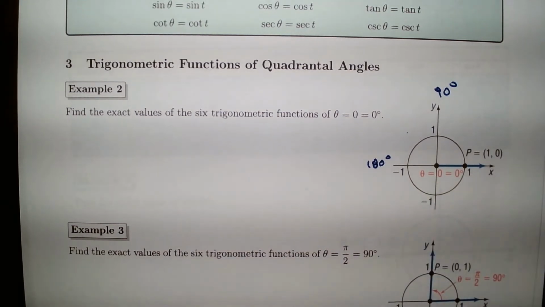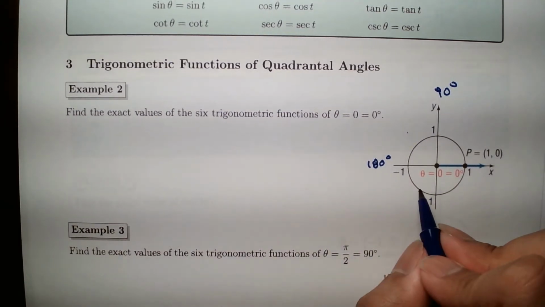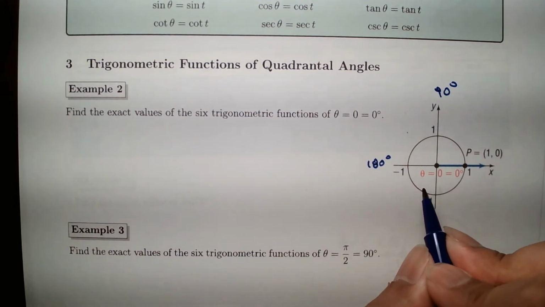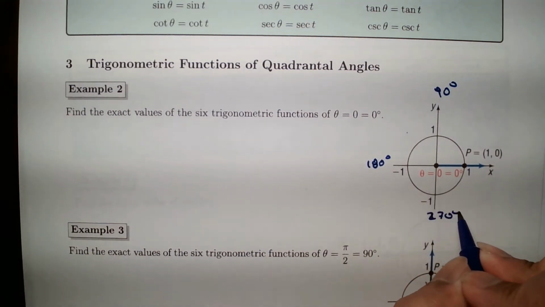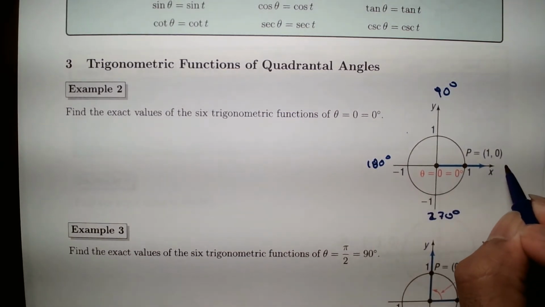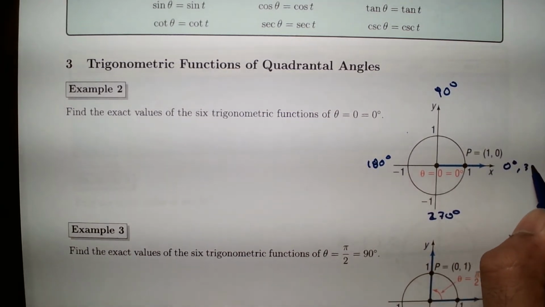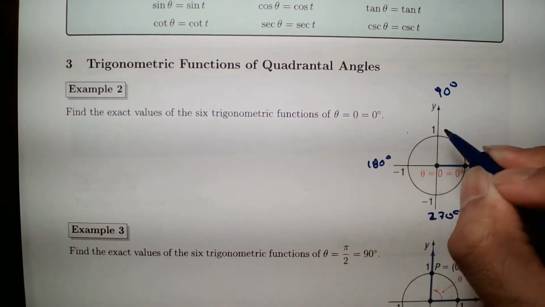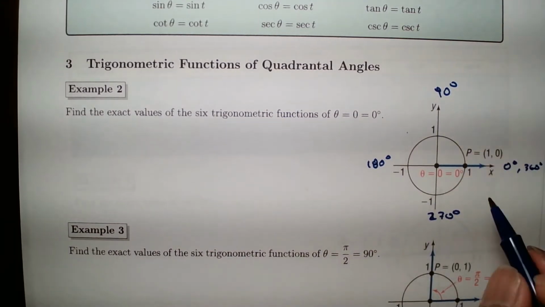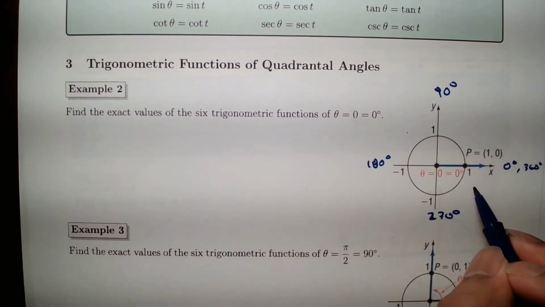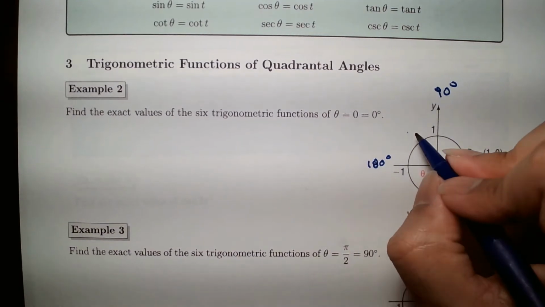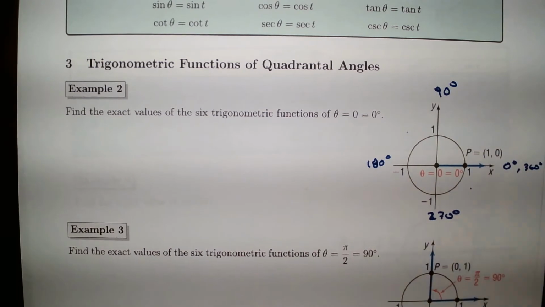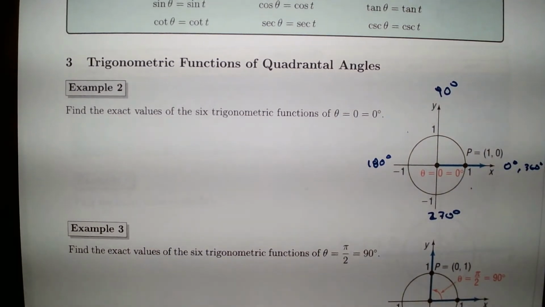Another quadrantal angle, the one that lies between quadrant 3 and 4, is the 270-degree angle, and either 0 degrees or 360 degrees, depending on how many times you go around. That's the angle that lies between the fourth quadrant and the first quadrant. It's not an angle that lies in any of the quadrants. It's actually the one that lies in the middle.